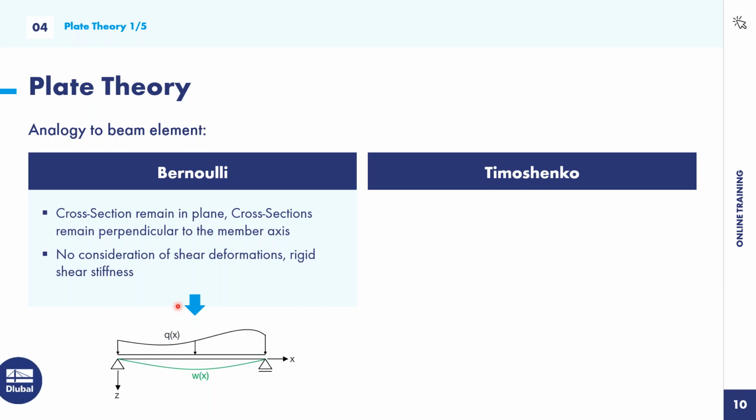So we neglect also shear deformation. So it's a kind of rigid shear stiffness. But when you calculate easy, simple structures with the help of some table books here, then you normally are using or referring to Bernoulli results.